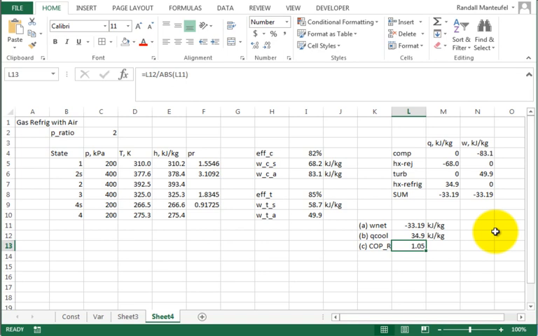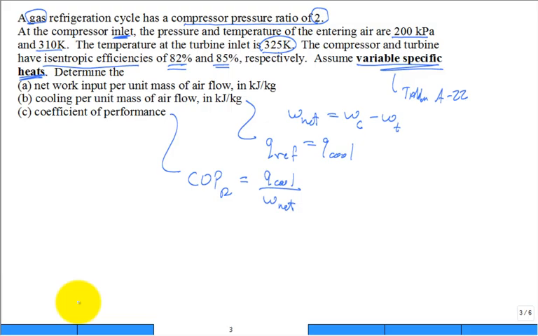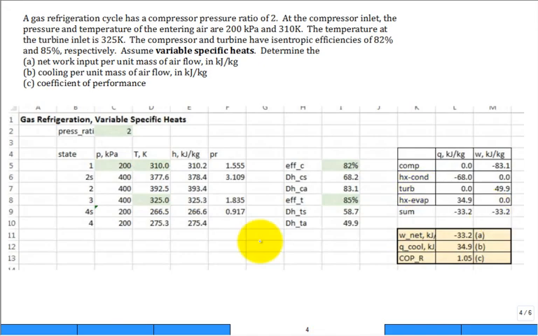All right, let's get out of Excel and jump back to our problem here. Here's the solution worked up in Excel for variable specific heats. What do you think's on the next slide? Not variable specific heats, but constant. And the answers are not very different. The answers are very similar.